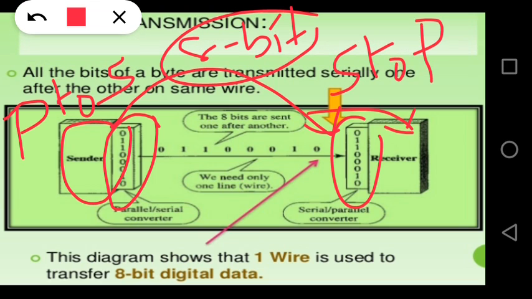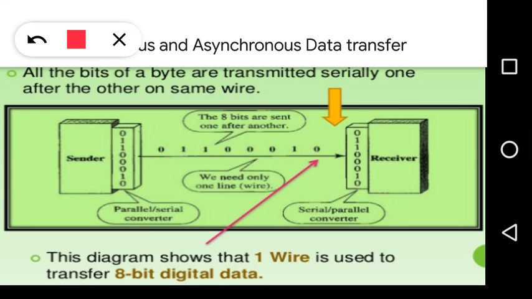For that we need a parallel to serial converter at the sender side, because the sender has 8-bit data.